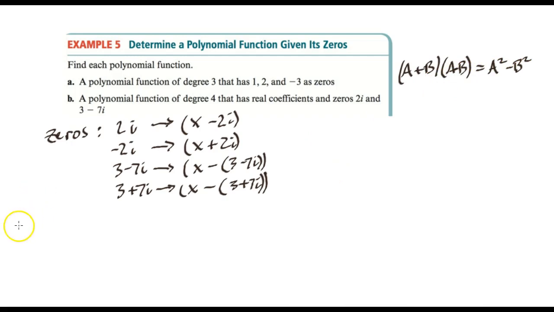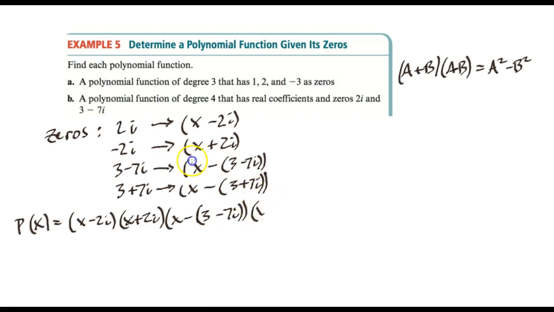So I'm going to call this function p of x. And we're going to have x minus 2i, x plus 2i, x minus 3 minus 7i, and x minus 3 plus 7i.